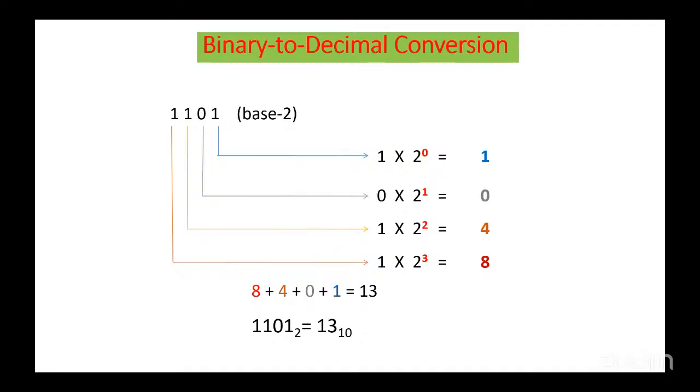By adding, you will get 13. So 13 is the decimal number, 1101 is the binary number. This is the simplest method to convert it into a decimal number.